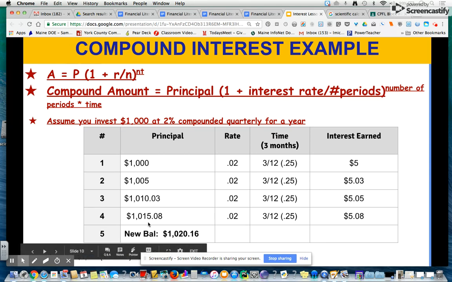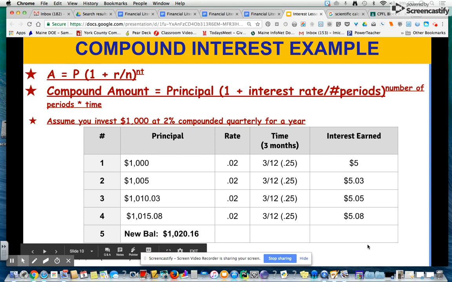Add that to the previous principal. Your new principal becomes 1,015 and 8 cents. Multiply by the rate, multiply by the time, you would earn $5.08. Add that to the previous principal, your new balance, and your answer would be $1,020.16.